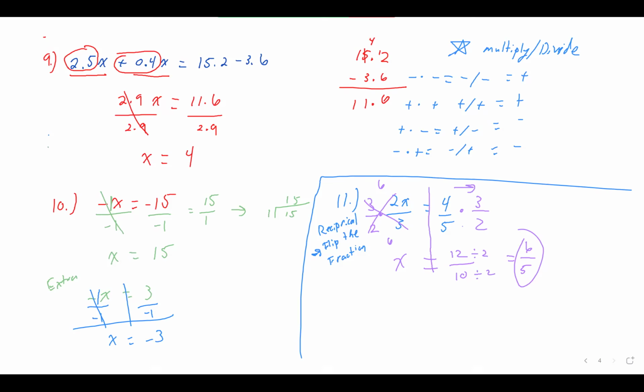And then there's one word problem on your homework. So I'm going to kind of condense this down. So number 12, you're going to be told there's an original price of a wool coat that was reduced by $15.80.